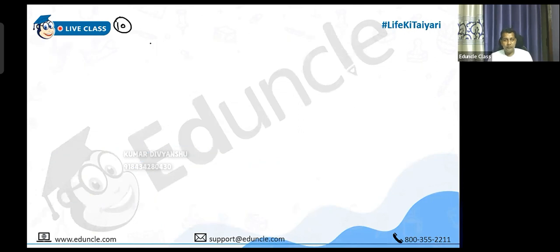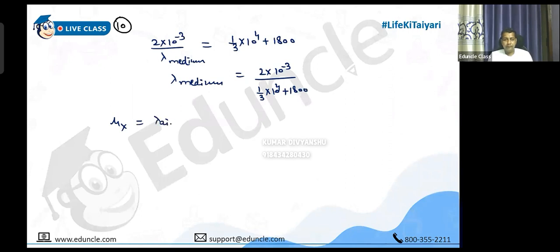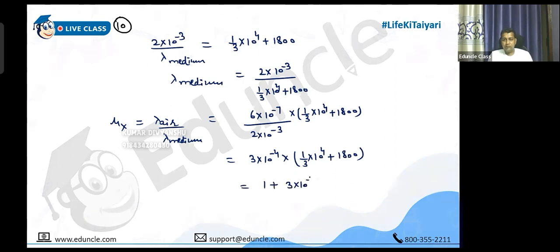So lambda medium, or lambda x, you can write. So 1.54 is the answer. Please check everything.